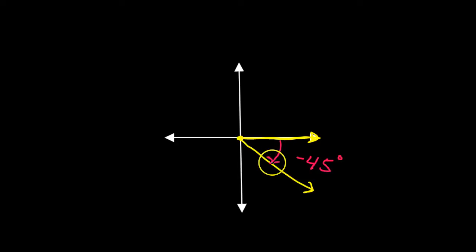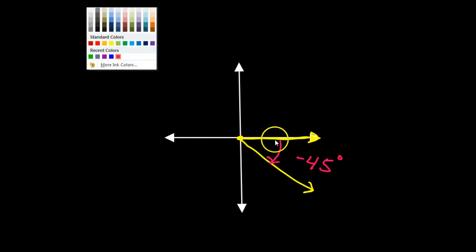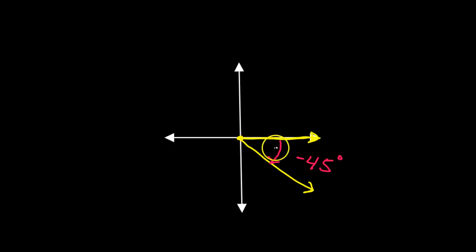Now, when we talk about coterminal angles, we're talking about angles that will land on this same ray with their terminal side. You know how we can have additional angles by going all the way around. Imagine that instead of just going negative 45 degrees and stopping, I went negative 45 degrees, but then I went all the way around another 360 degrees. That would be a coterminal angle.